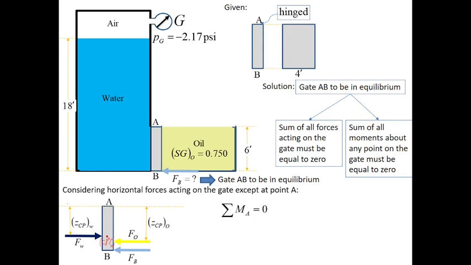And since this is the center of pressure, we consider this vertical distance as ZCP sub W, Z sub CP sub W, for the vertical distance.